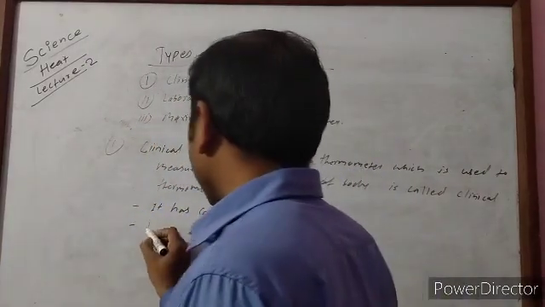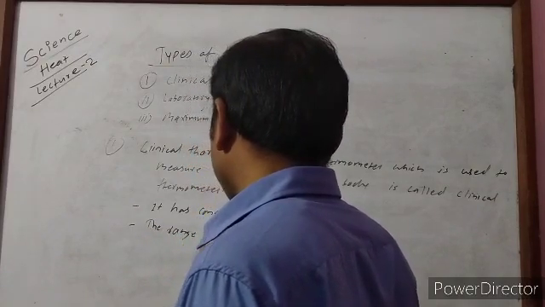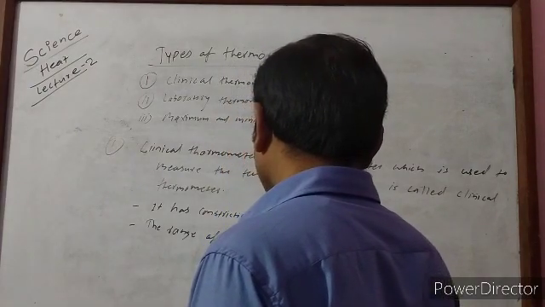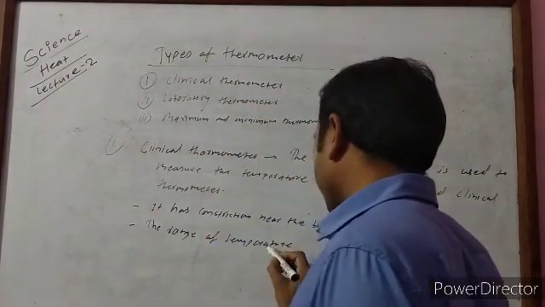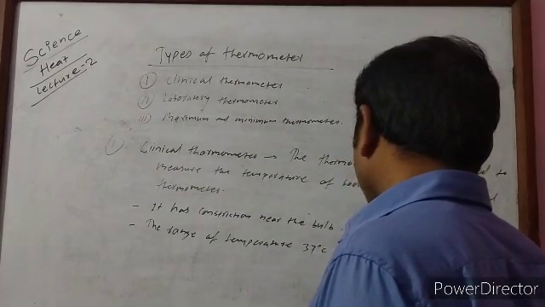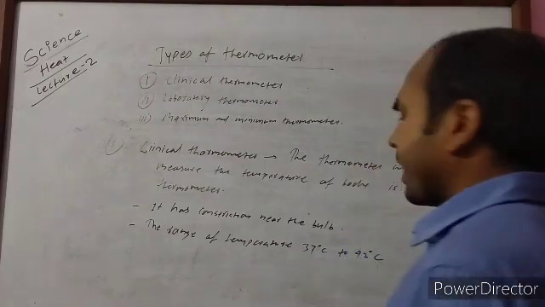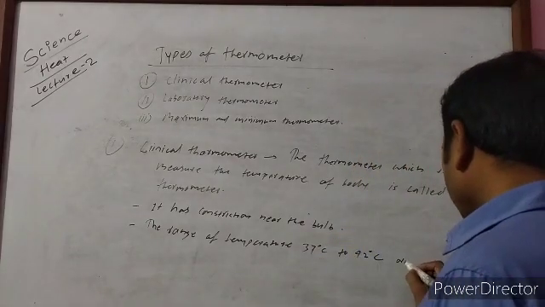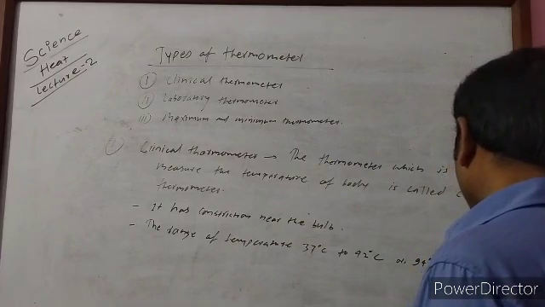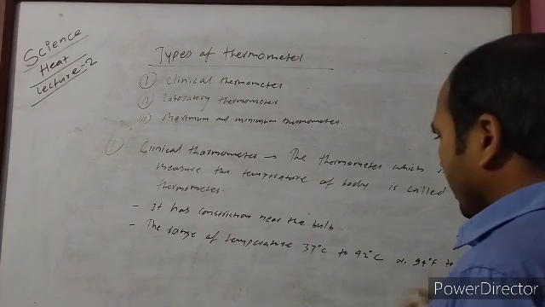The range of temperature given in the clinical thermometer is 37 degrees C to 42 degrees centigrade, or when we write in Fahrenheit, 94 Fahrenheit to 108 Fahrenheit.